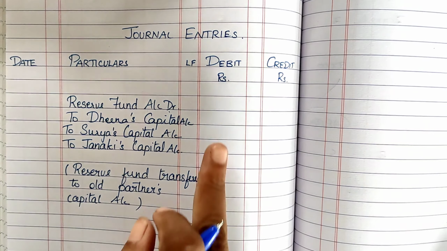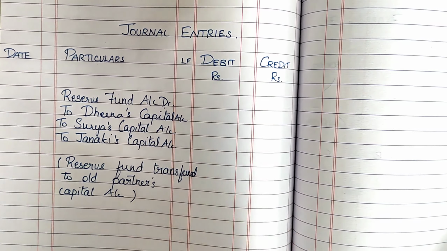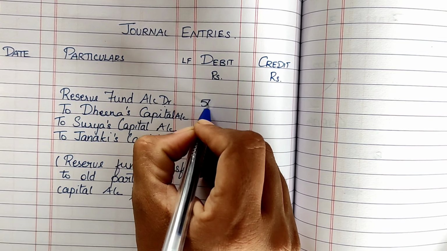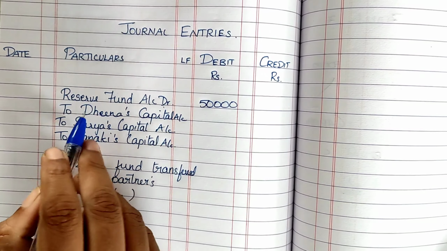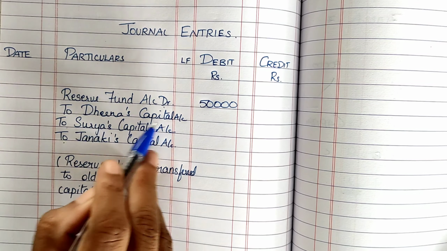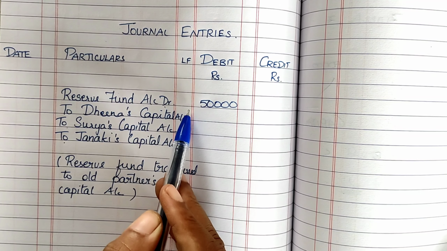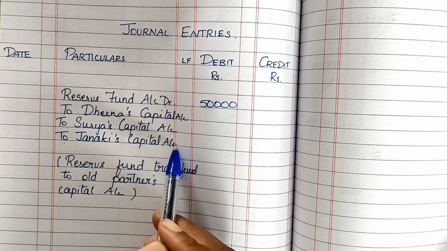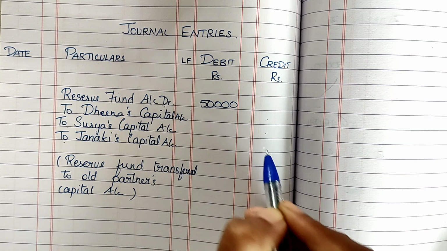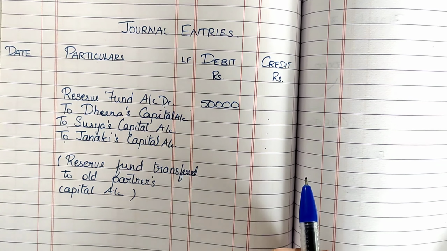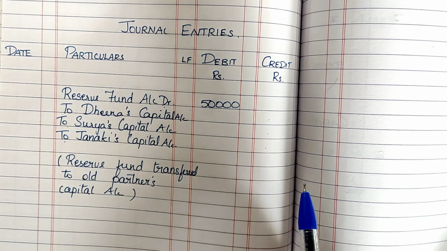So now we are going to give the amount over here. The reserve fund account debtor, the amount of reserve fund is 50,000. Now we have to Deena's capital account, to Surya's capital account and to Janaki's capital account. So this 50,000 is going to be split up among these three partners and written in the credit column. It is going to be split up in the ratio given in the problem.